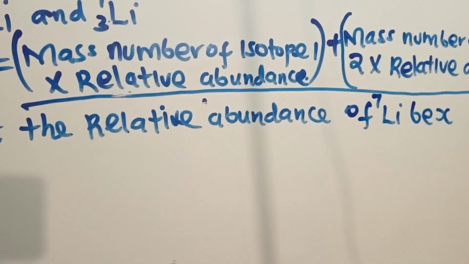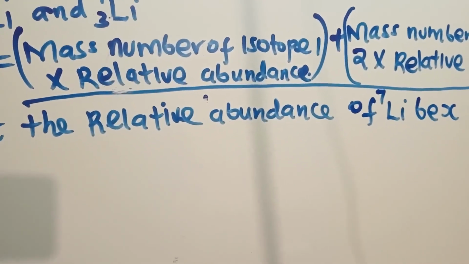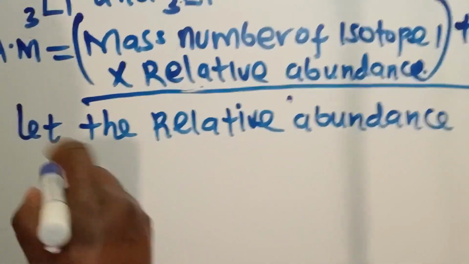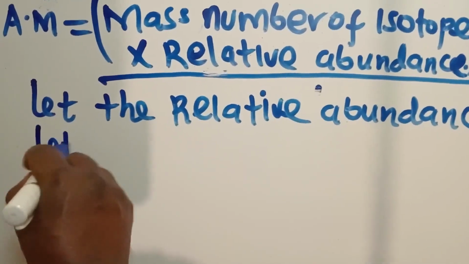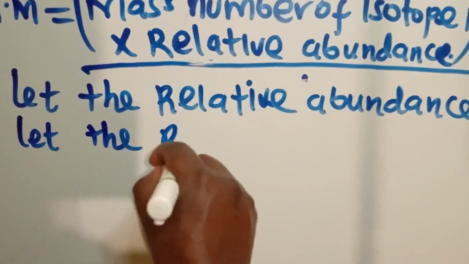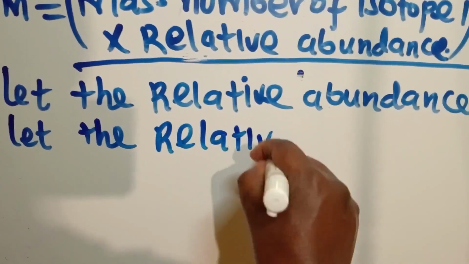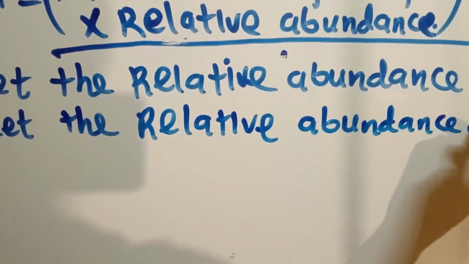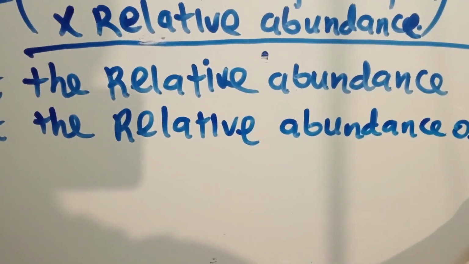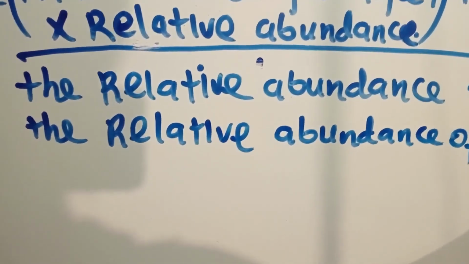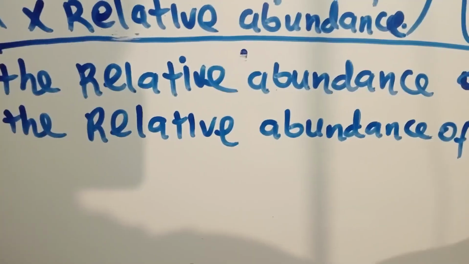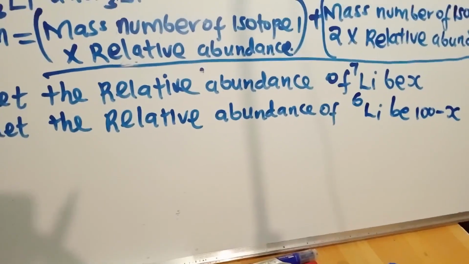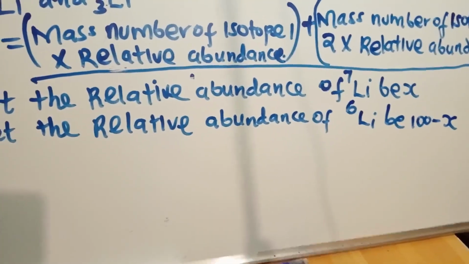I have just said that the relative abundances usually add up to 100. So that is to mean that we can also let the relative abundance of lithium-6 be 100 minus X, because both of them should add up to 100.